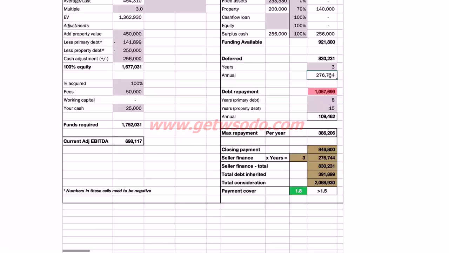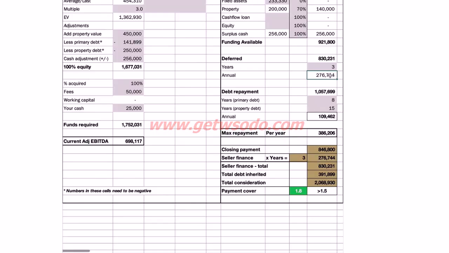So I've got the new debt that I've raised. That's going into the business, which is going to be nearly $920,000. But I'm already assuming some debt in the business that I've adjusted for in the valuation. The $141,899 in primary debt, the $250,000 property debt that's secured against the building, and I've still got to pay that money back over time as I'll be the new owner of the business.